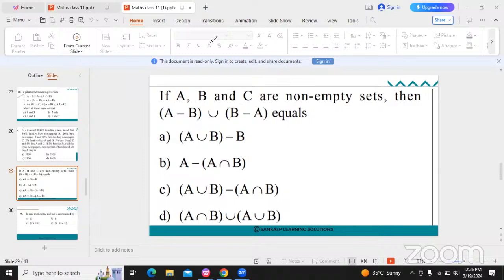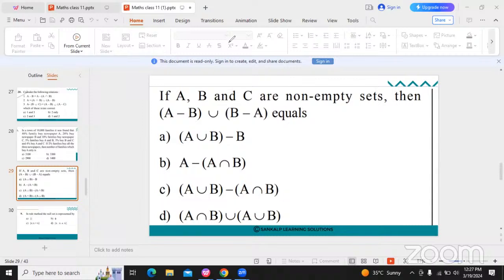It's very easy. Please make it fast. Got the answer? Some students have started giving the answers.